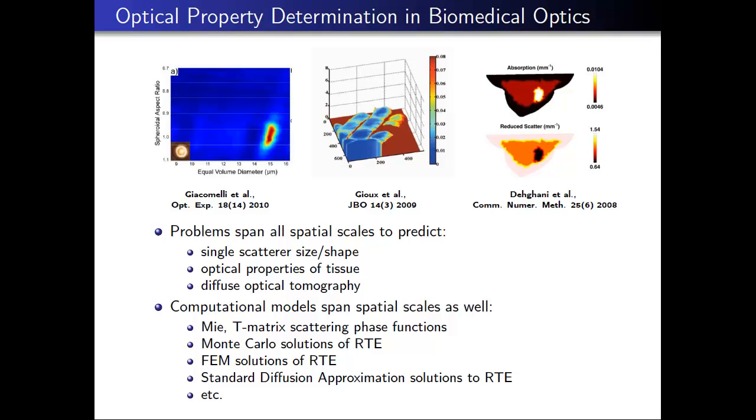They're using finite element methods, solutions to the RTE, and for thicker tissues, often the standard diffusion approximations are used to solve the RTE. So the models that we are using to determine these properties at the different spatial scales are similarly matched with computational models that are appropriate for that spatial scale.